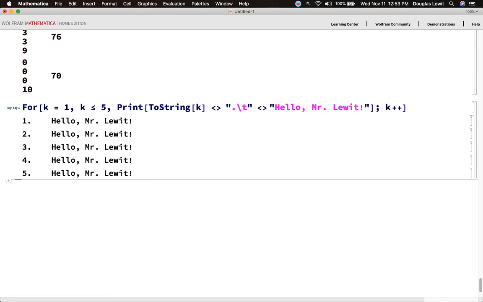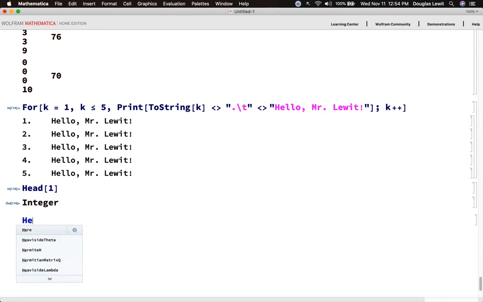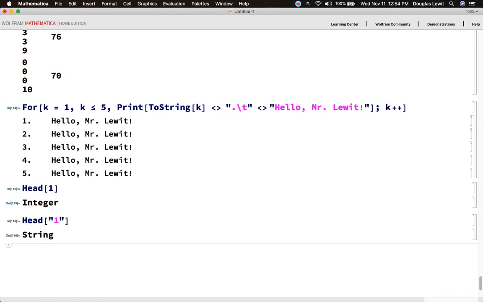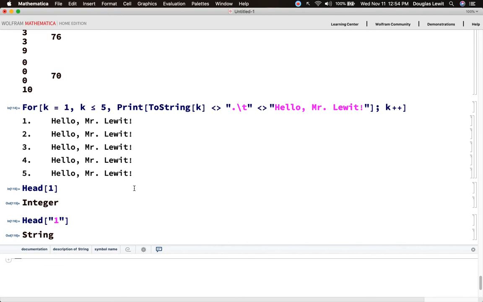So 5 times. Do something 5 times. What am I doing 5 times? I'm printing the number, but I have to change it to a string. Okay, this is really a string now. It's not a number. All right, this is a number, right? This is a string. So I'm doing something 5 times, right?